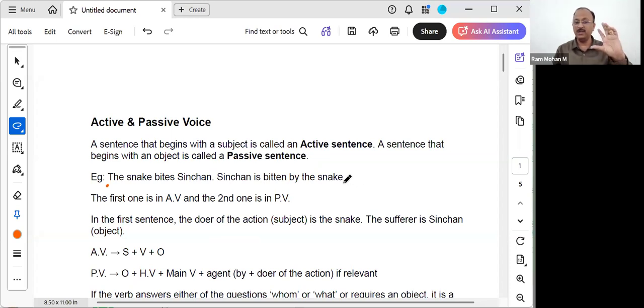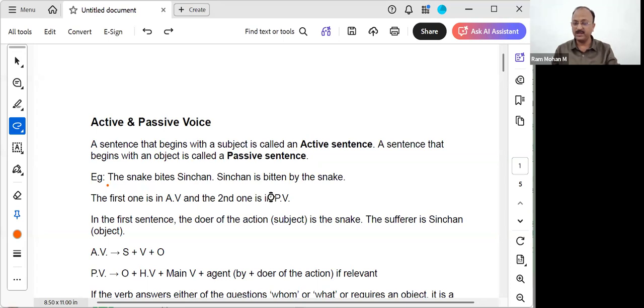Here the main subject is the snake. The subject means the doer of the action. In the sentence, whatever the verb we are telling, the one who is performing the action is the subject. Correct, no? Here the snake is the subject. And the person on whom the action is performed is called an object.